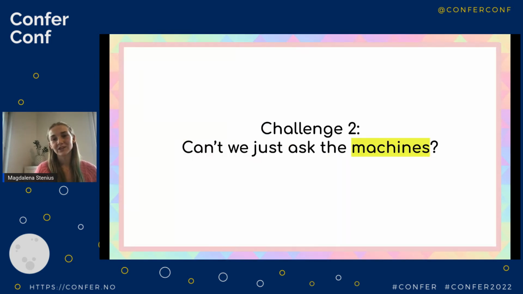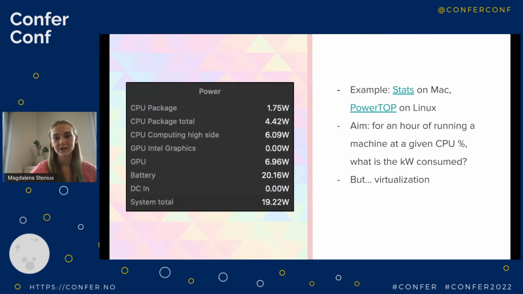The next challenge we ran into was the naive idea of, can't we just ask the machines how much they consume? For example, if we have a Mac computer, we can use applications such as Stats to see our current electricity consumption or an estimation of our system's total power usage at a given time.